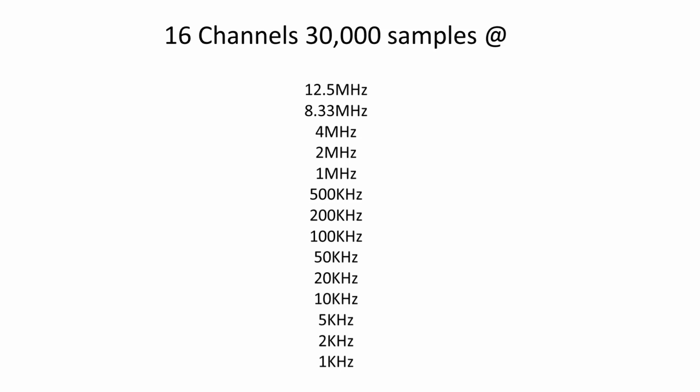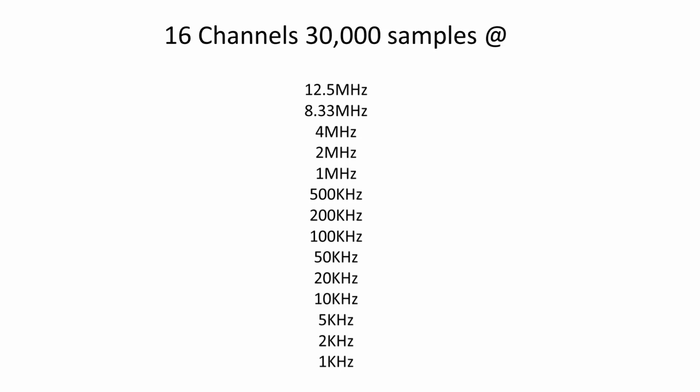So we can be in 16 channel mode, and we get 30,000 samples. And we can run any of these frequencies from 12.5 megahertz down to 1 kilohertz. It says 12.5 and 8.33 because of the number of steps on the microcontroller, I can't actually get it to be exactly 12 meg. 12.5 was the nearest I could get.